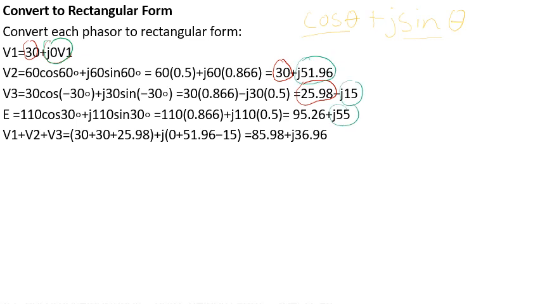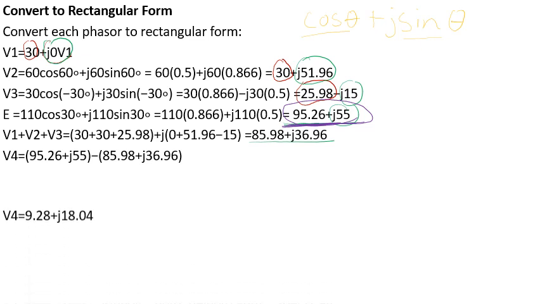Adding the complex parts, this is what we get as our final answer for V1 plus V2 plus V3. Then we simply subtract it from E. This was our E, so we subtract it from our E, which is 95.26 plus j55 minus 85.98 plus j36.96.